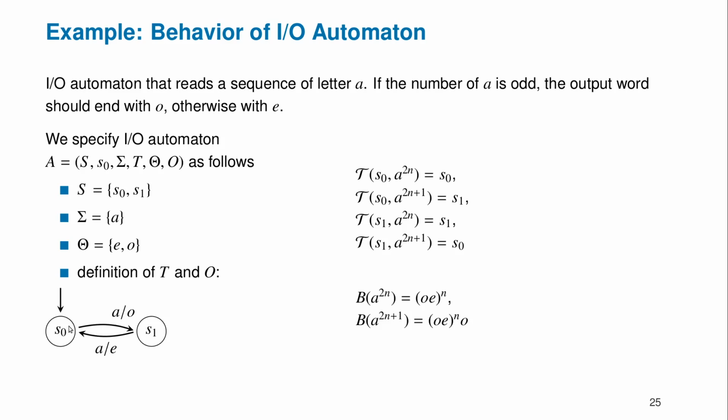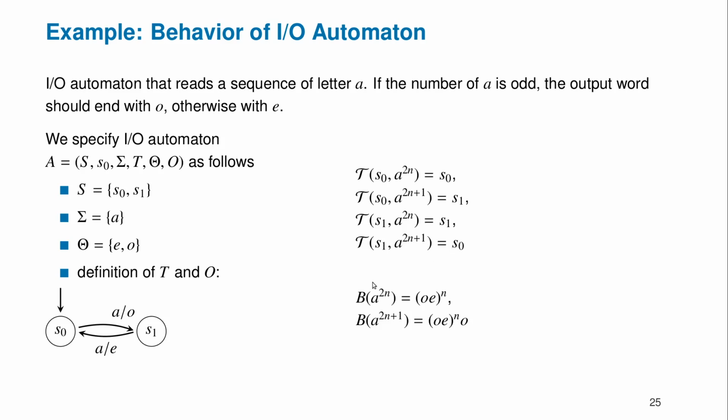If we have four A's, then we have S0, S1, S0, S1, and S0 again. If we are in S0 and read an odd number of A's, then we end up in S1. And if we are in S1 and read an even number of A's, then we end up in S1 again. And if we are in S1 and read an odd number of A's, then we end up in S0.